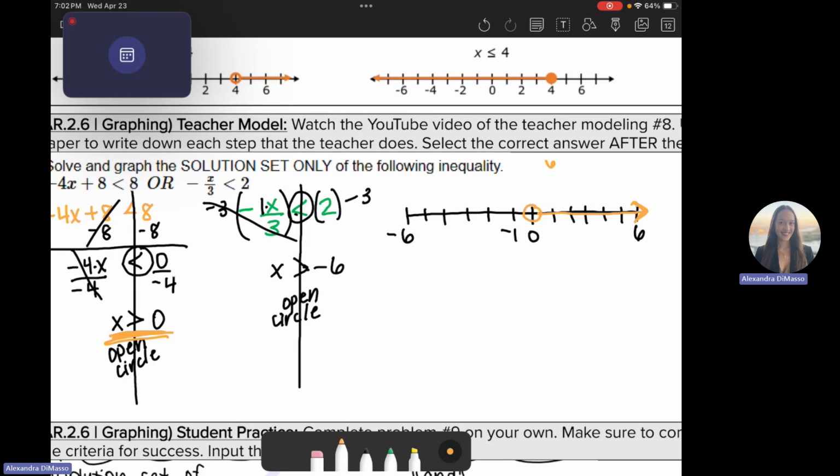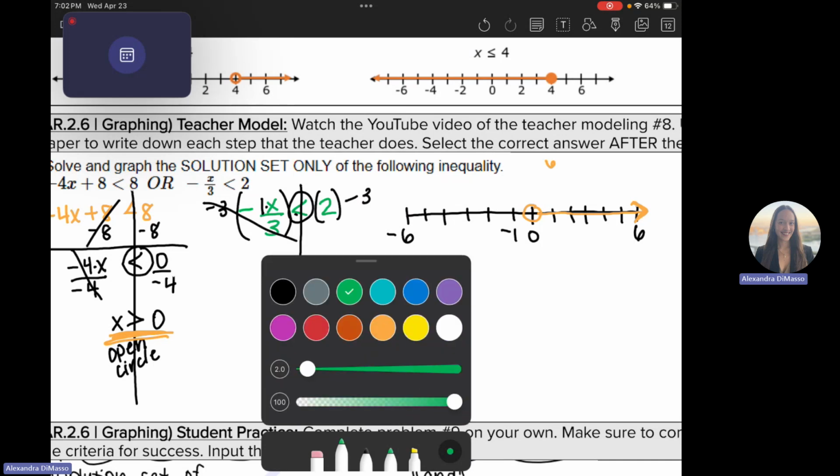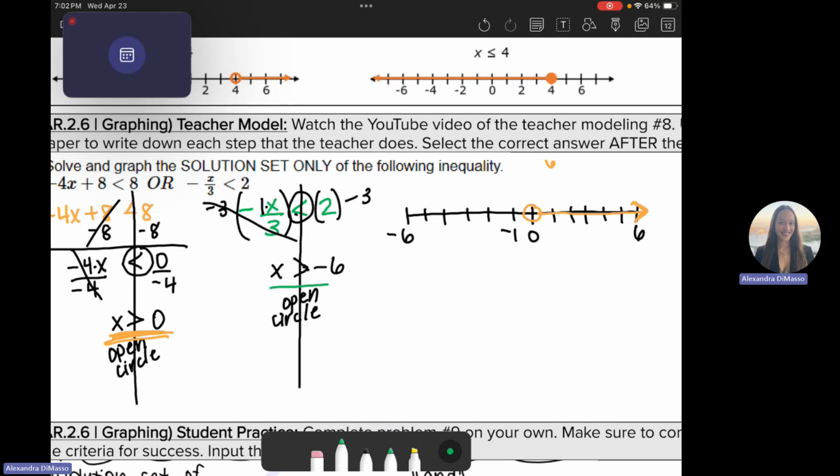Now, if I look at this second part of the equation, x is greater than negative 6. So I come to negative 6, and it's any number that is greater or to the right of that. Now, this is not my final answer, though. My final answer is going to be because this problem is all about the or, okay?